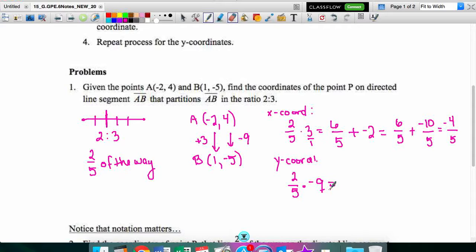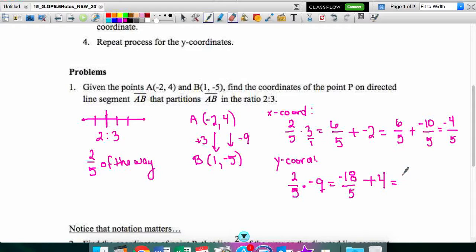We want how far of the entire negative 9 units do we need to travel if we just want to go 2/5. When you multiply this, you get negative 18/5. And again, this is just how far we want to go, not the actual coordinate. So we have to add the original y coordinate 4 to get our final y value.